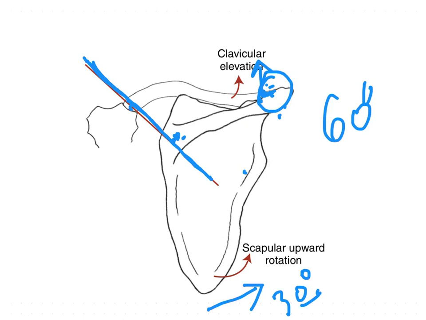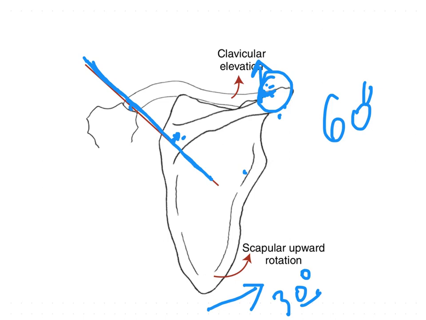Although the coracoclavicular ligaments prevent the upward rotation of the scapula on the clavicle, they permit some tipping, that is called anterior tipping and posterior tipping.